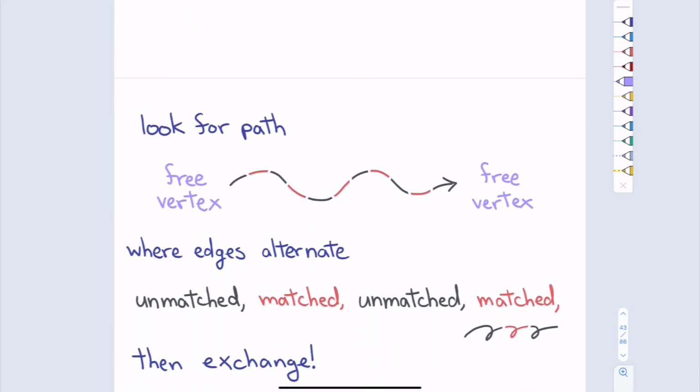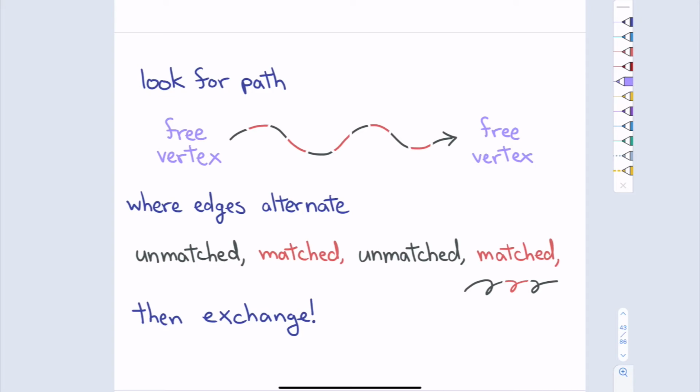So we can try to look for a path from one unmatched vertex to another unmatched vertex that's alternating between unmatched edges and matched edges. And if we find one, then I can swap them.